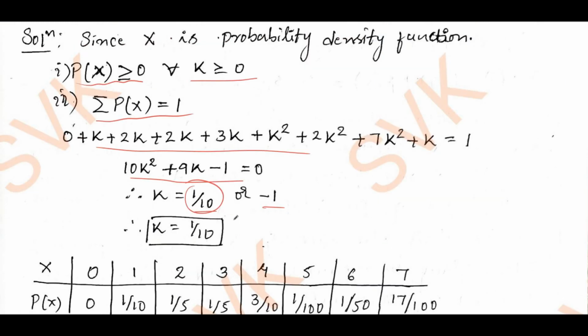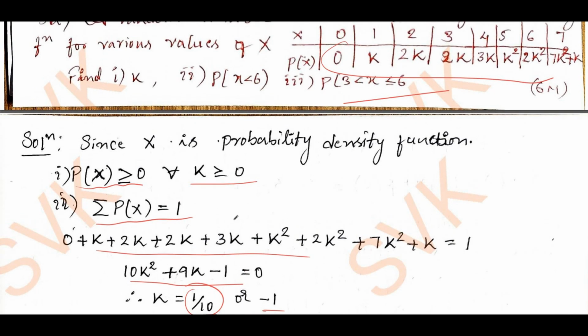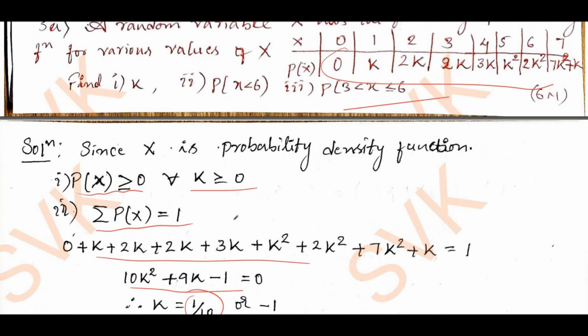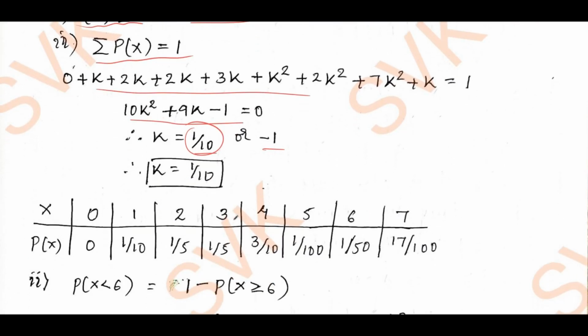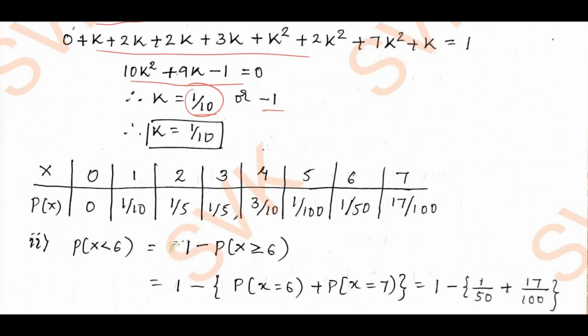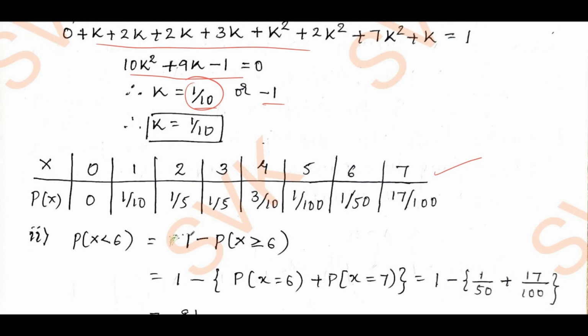Afterwards, we can substitute the k value in the above set of data, so we can find out the remaining part of the question. After substituting, the set of data becomes as follows. Now I can find the probability of x less than 6, which is given by 1 minus the probability of x greater than or equal to 6.